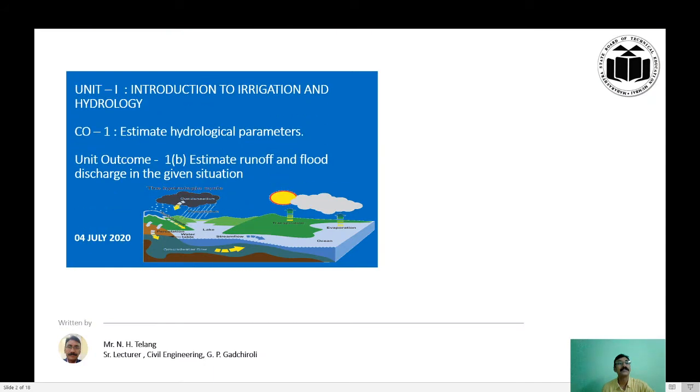Today we will discuss Unit 1, Introduction to Irrigation and Hydrology, in which course outcome 1, that is estimate hydrological parameters, and unit outcome 1b, estimate runoff and flood discharge in the given situation, will be covered.